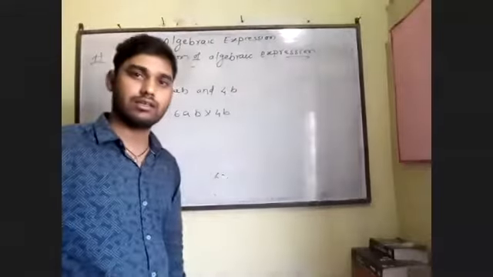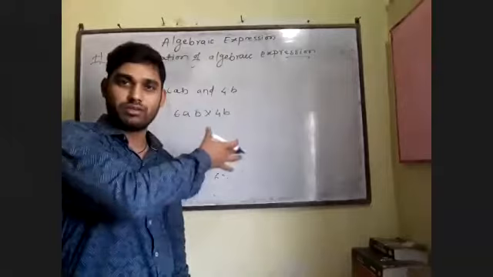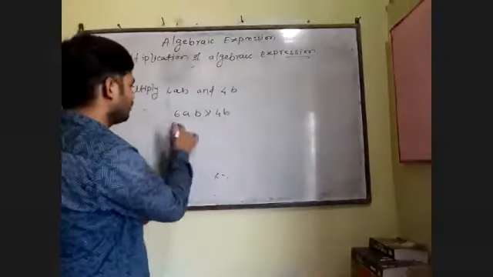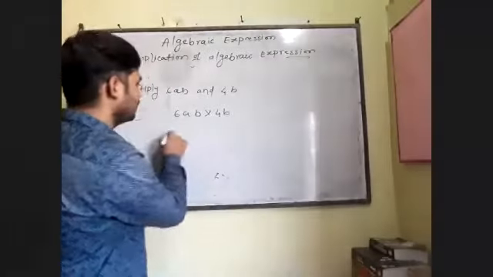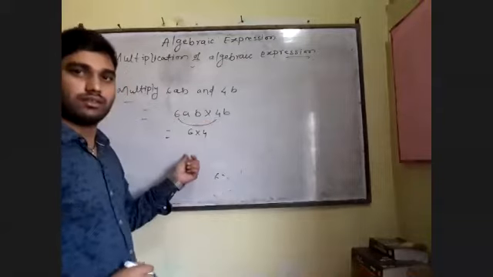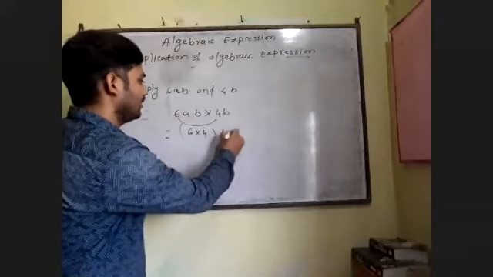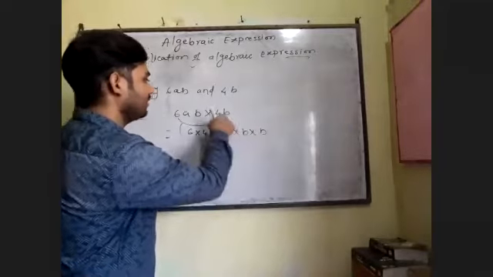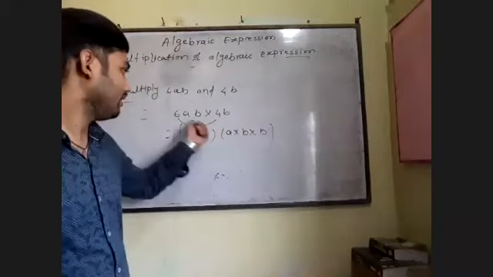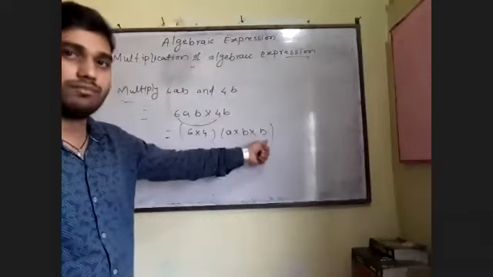In previous classes we have already learned how to arrange the terms. So first write the coefficients, 6 multiplied by 4, and then what is left: a multiplied by b multiplied by b.